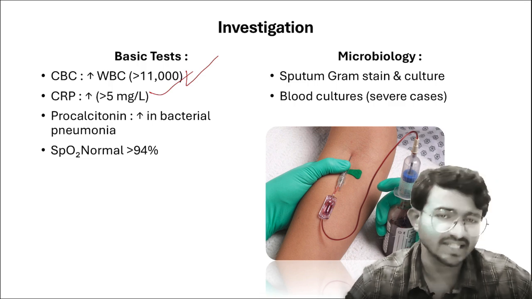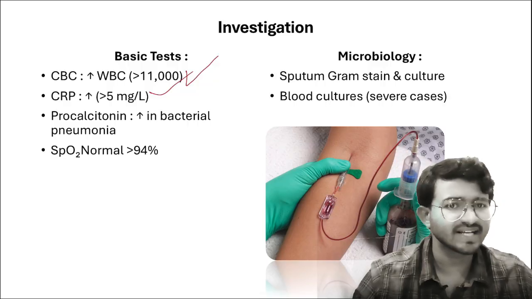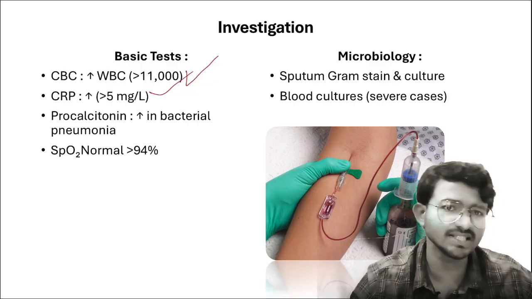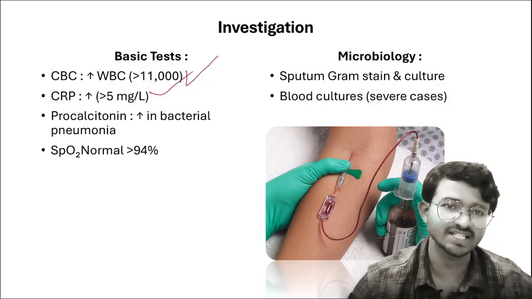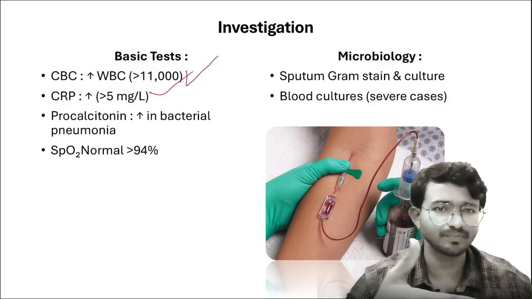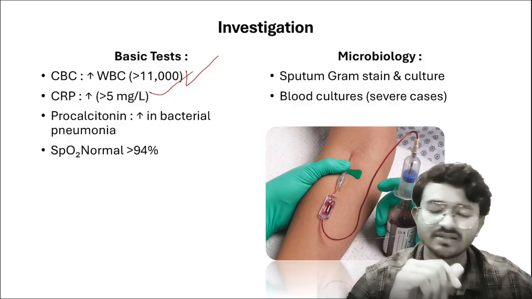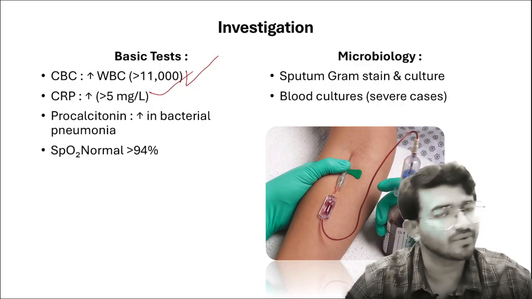If the patient, after using medication and antibiotics, still does not recover, in severe cases we have to do a blood culture. So these are the step by step investigations: imaging, then lab tests, then sputum gram stain and culture, then blood culture.